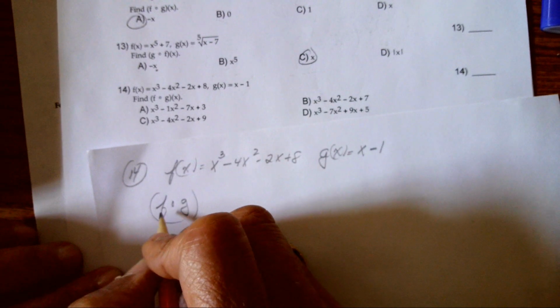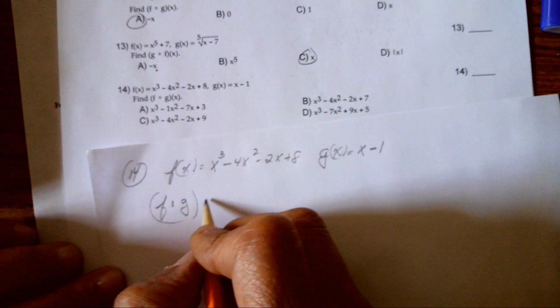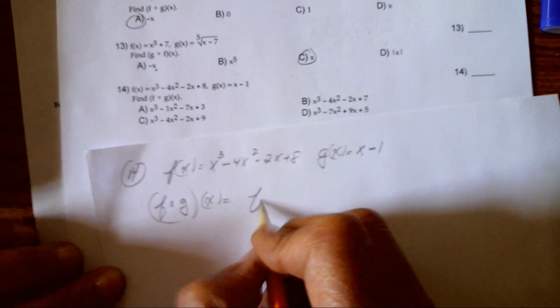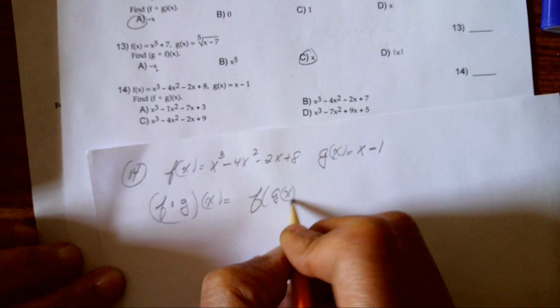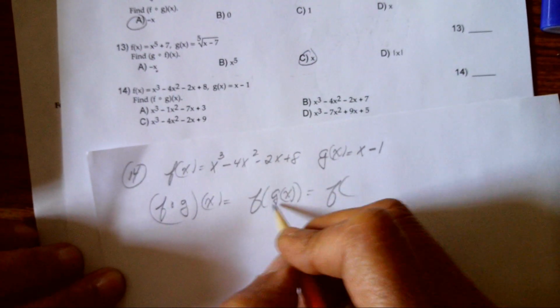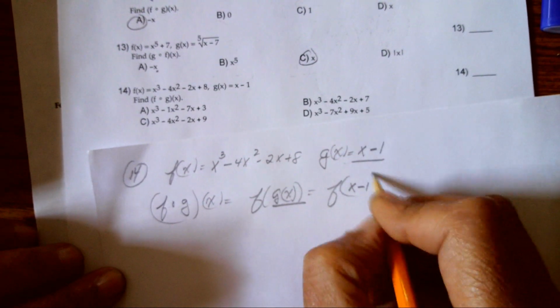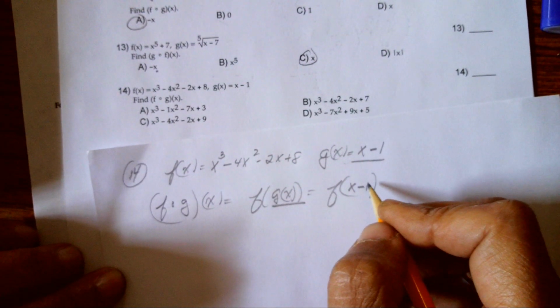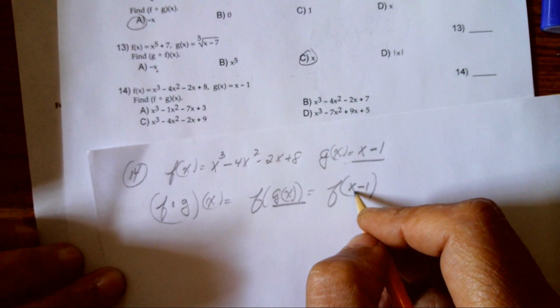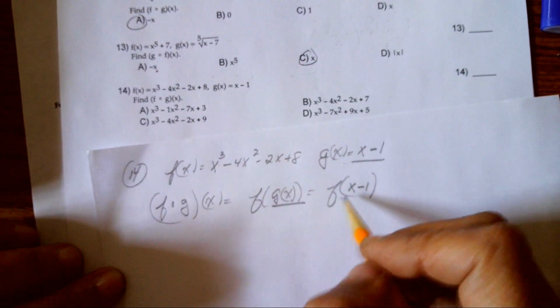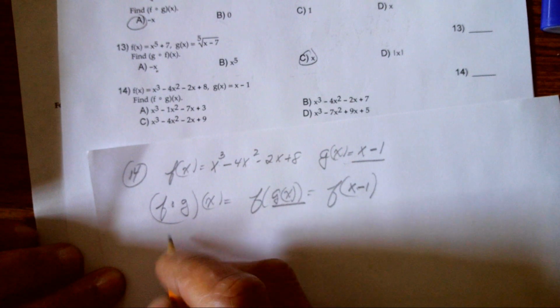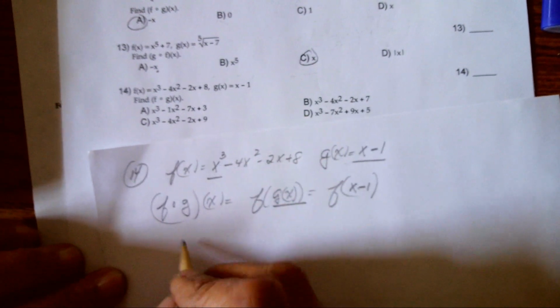He's asking me to find f composite g of x, which becomes f of g of x, which is right here. It's x minus 1. So where I see x in the f function, I got to substitute that binomial. All right, this becomes tricky.